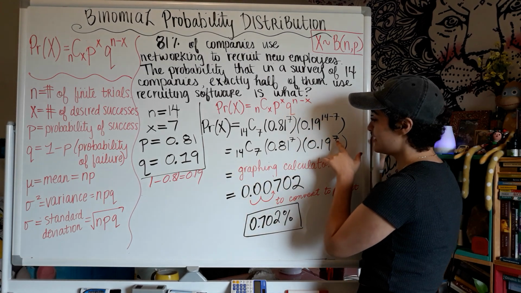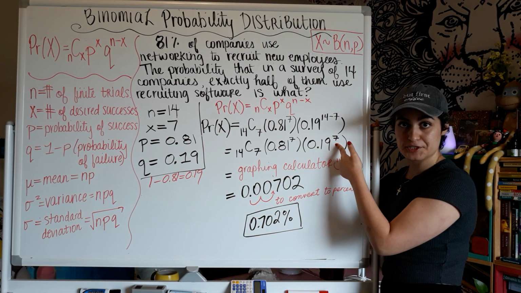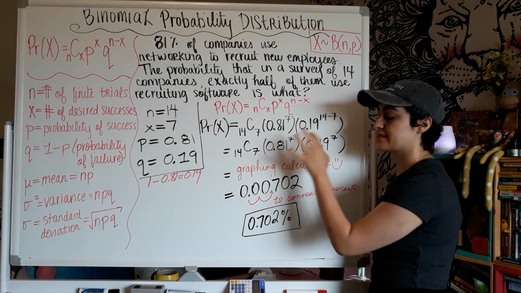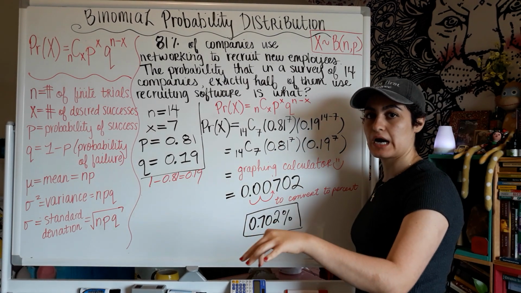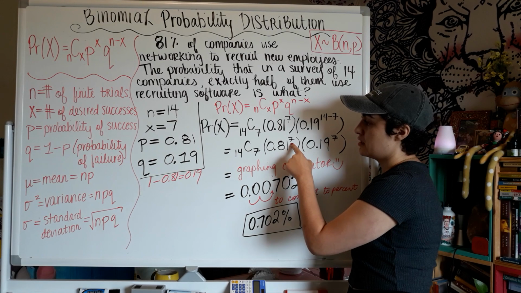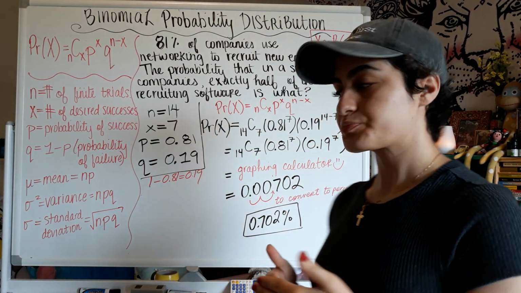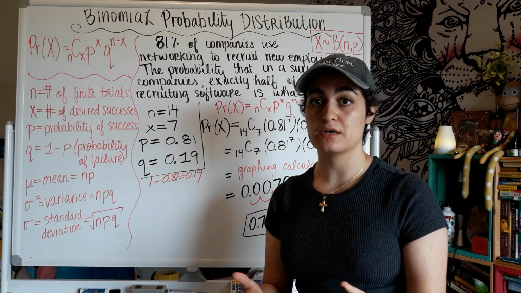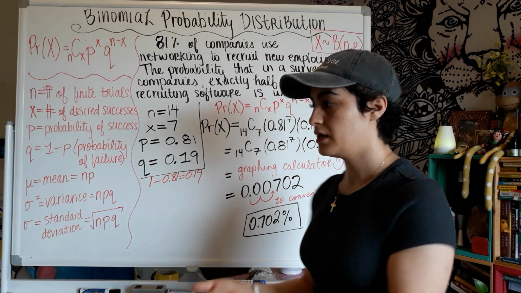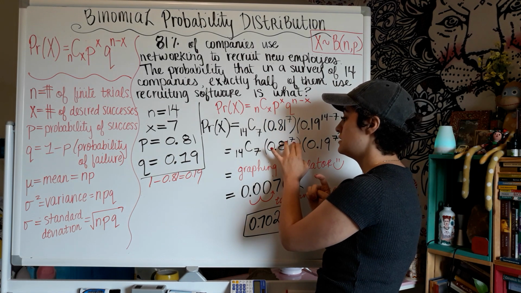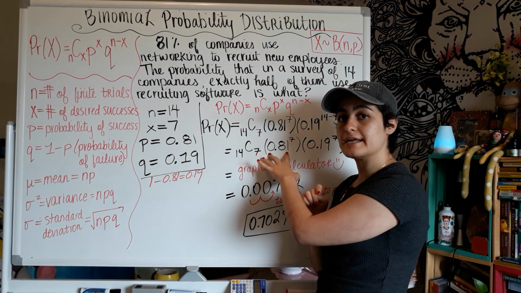So here, I just subtracted to get the final exponent. Notice the fact that I placed the exponent inside the parentheses. You don't want to give the calculator any room for error. Really, it would be human error because you inputted it incorrectly. But you really have to understand that the 7 is attached to the 0.81.